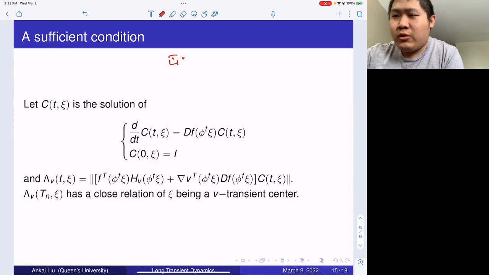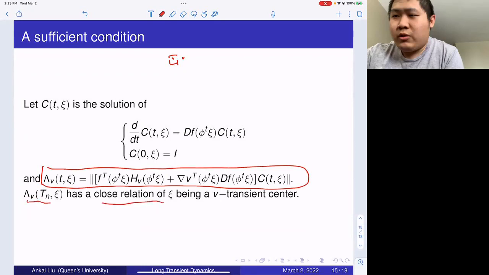So we are still interested in what guarantees that a psi is a transient center. And in fact, what we found is this quantity right there, and we found that this quantity has a very close relation to psi being a V transient center.